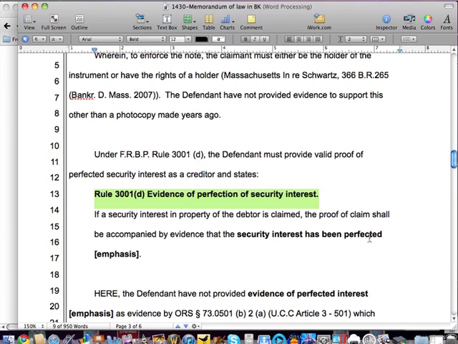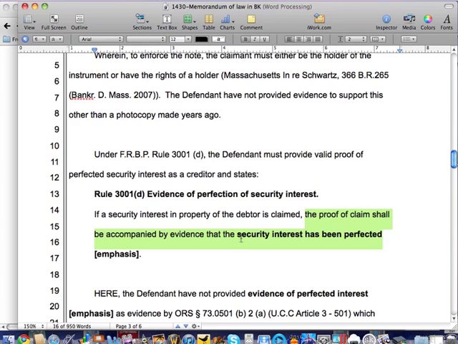In bankruptcy, because of this rule, if a security interest of the debtor is claimed by the creditor, the creditor must provide proof of claim by evidence that the security interest has been perfected.